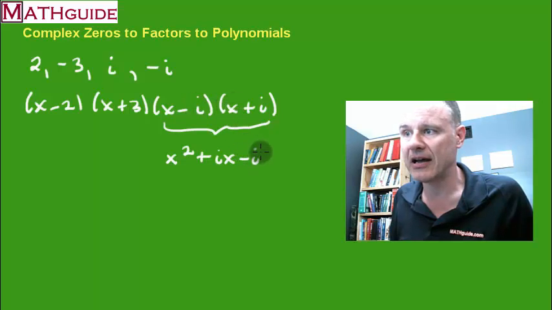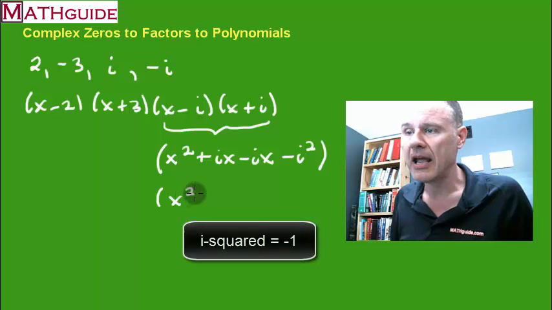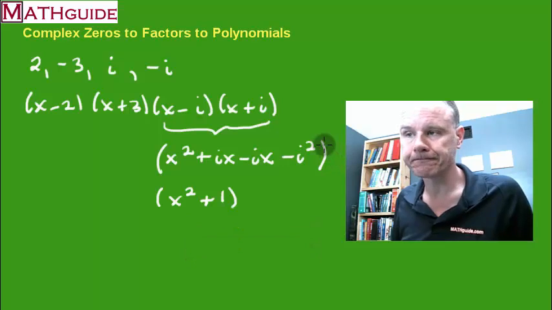It's negative ix. Let's multiply negative i times i, which is minus i squared. Which we can clean up. See that these two cancel. And remember that i squared is equal to -1. So this is the opposite of -1, which must mean it's +1.